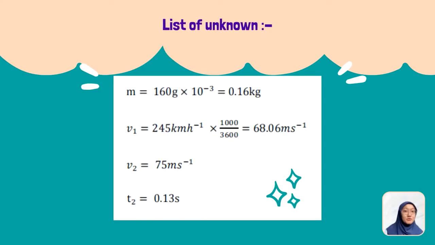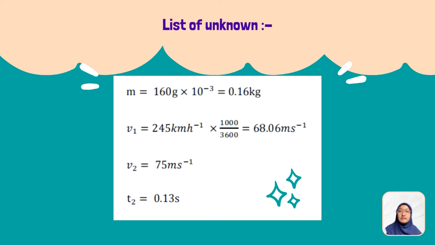Before we continue with the solution, first we need to list all of the unknowns that we know from the question. The first is m, the mass. The mass is 160 gram. In the standard units of calculation, we need to use kilogram for the mass, so 160 gram must be multiplied by 10 to the power of -3. So we get 0.16 kilogram. Next is v1, which is 245 km per hour.